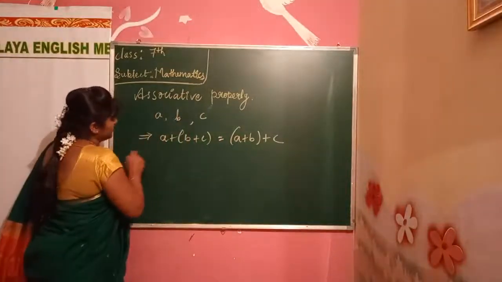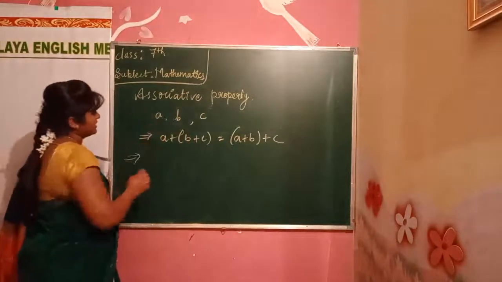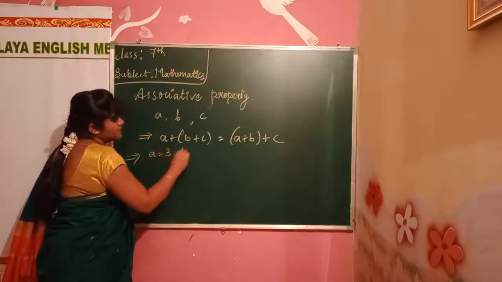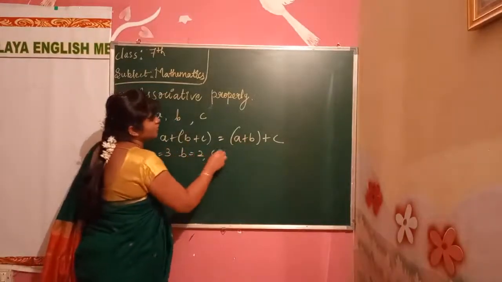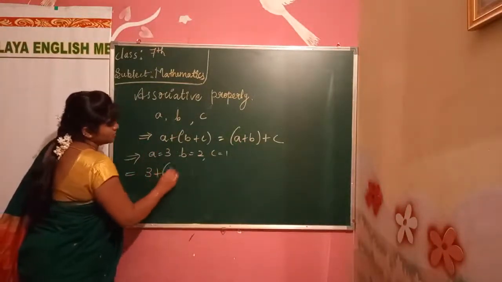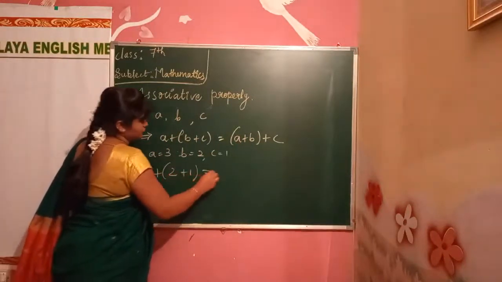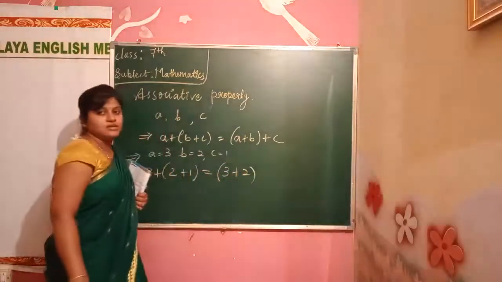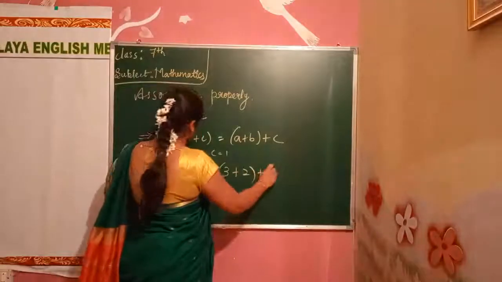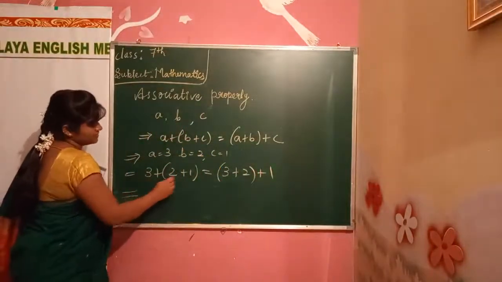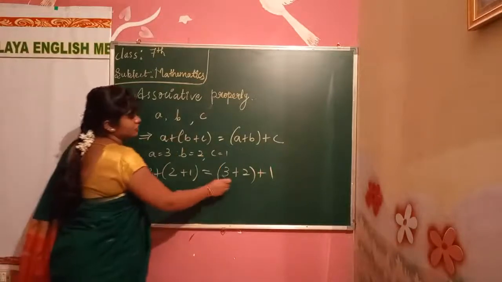For example, I will take three numbers here. A value will be 3, B value will be 2, C value will be 1. We'll apply it in this. 3 plus 2 plus 1 is equal to 3 plus 2 plus 1. 3 plus 3 will be 6, is equal to what?